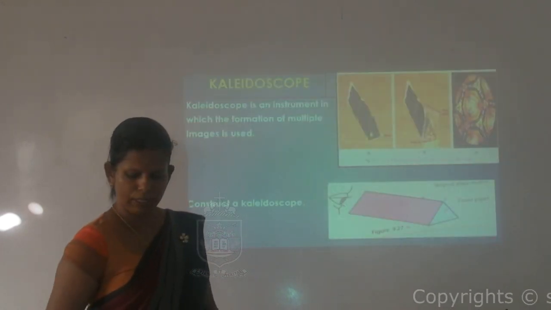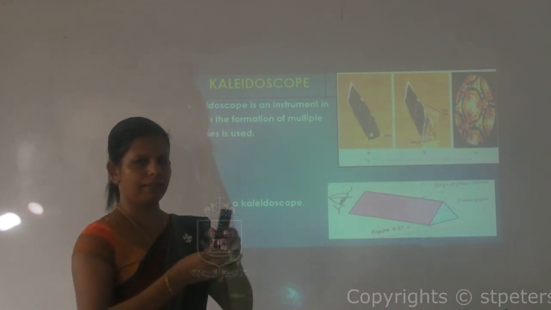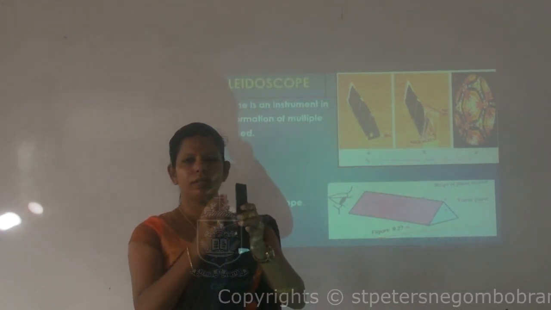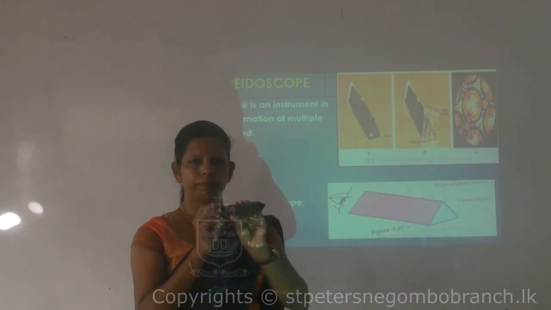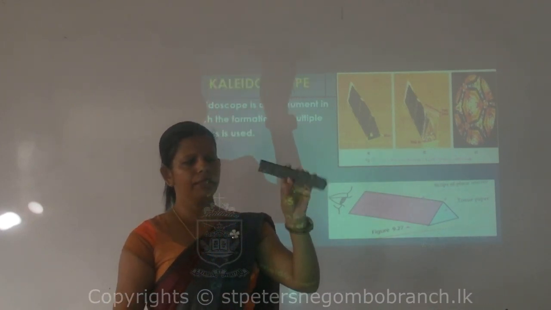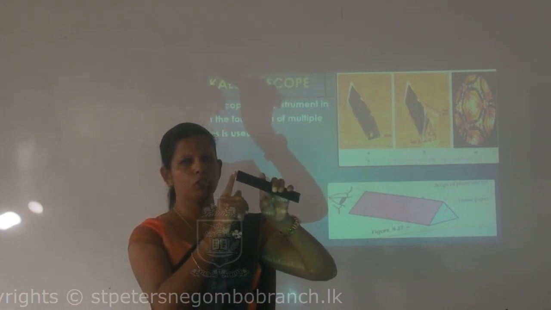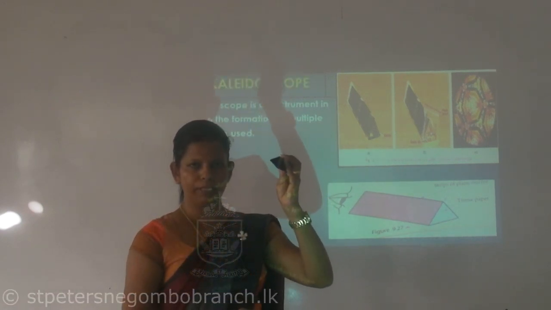Kaleidoscope. You can see the kaleidoscope like that. We need 3 equal sized pieces of plain glass, and we can keep them in a triangular shape. On one side we can paste tissue paper, the other side is open.